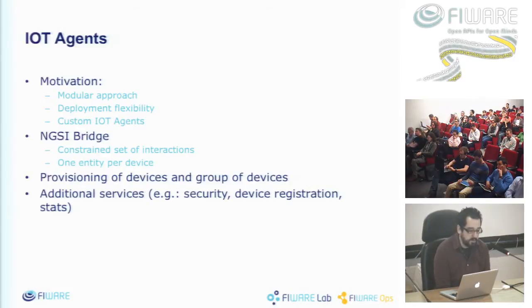But it was meant to be more of a monolithic gateway, and we thought it lacked the flexibility developers will need in order to integrate their devices with the context broker.